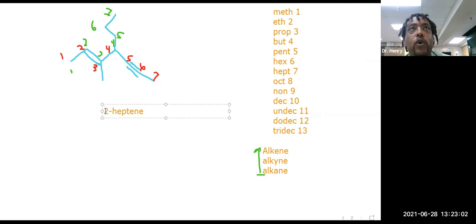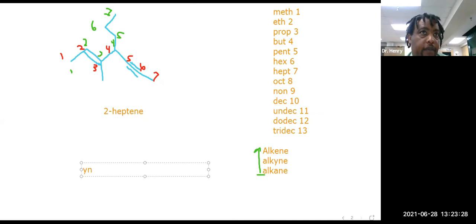Okay, so now we know all of the other things. Now, here we have two options in terms of nomenclature. Since there's a triple bond, and it isn't the priority, there's a couple of ways of doing it. We can make it a prefix, and when we do it as a prefix, we use just that YN.